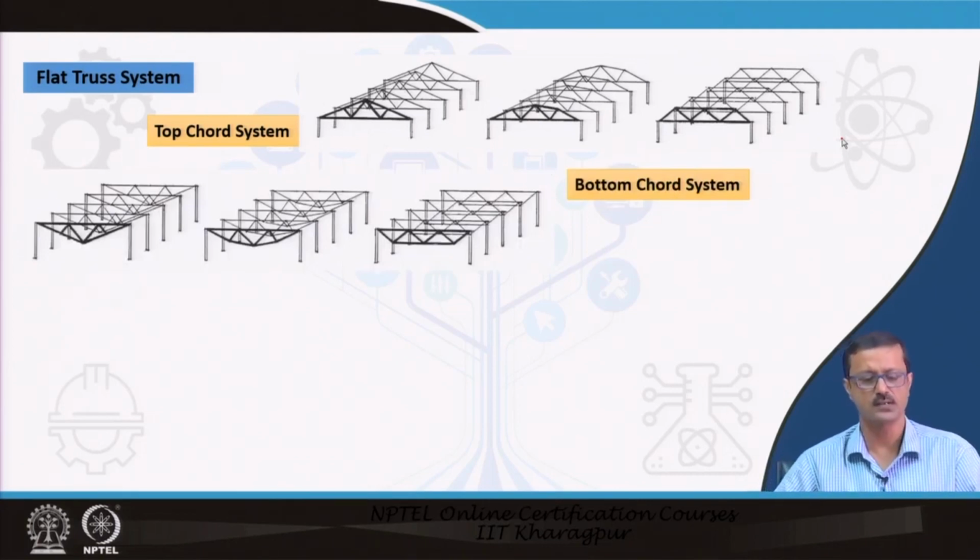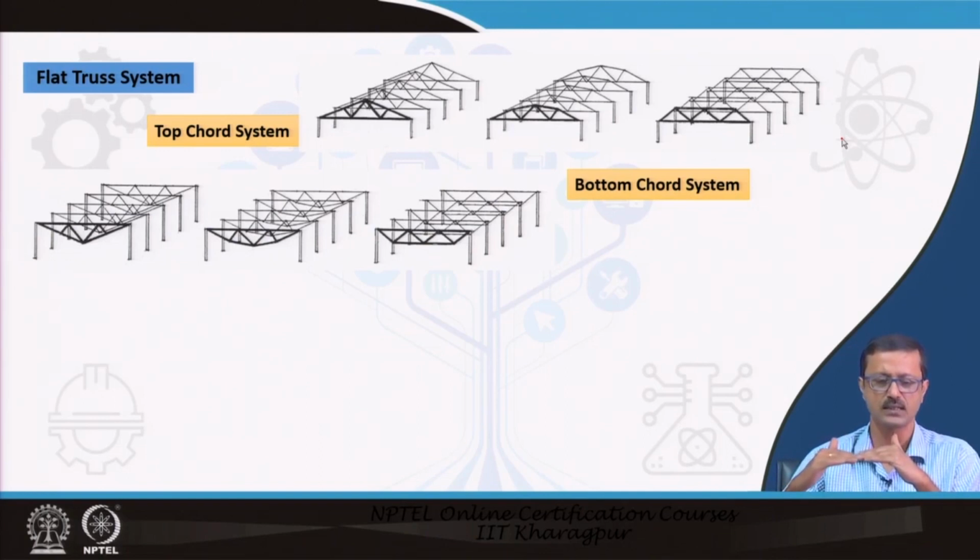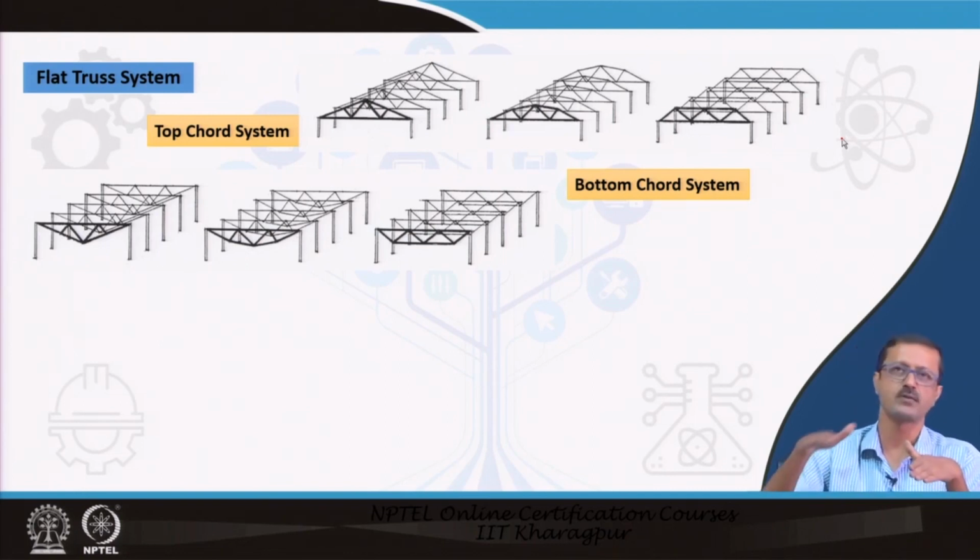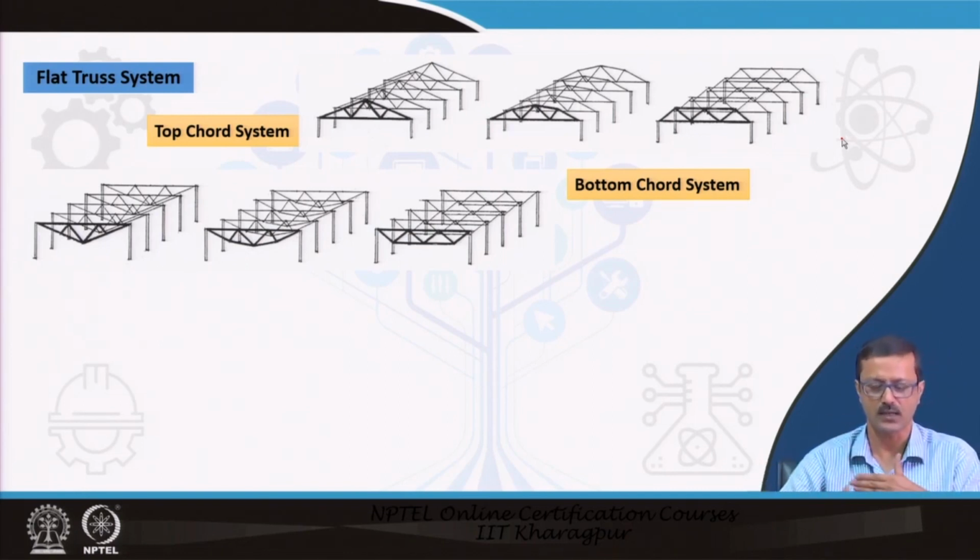In the top chord system, the bottom chord is flat and the top chords make an inclination or maybe a curvature. The bottom chord system is just the opposite, where the bottom chord is curved and the top chord is flat.